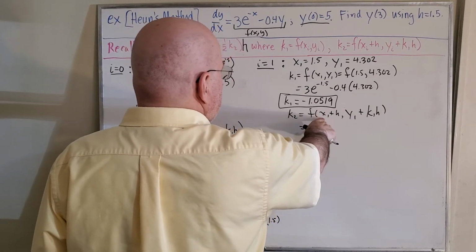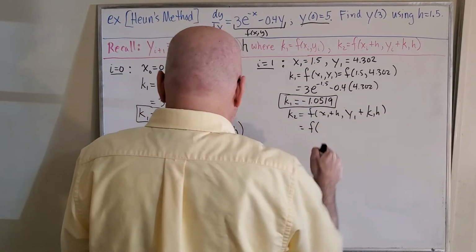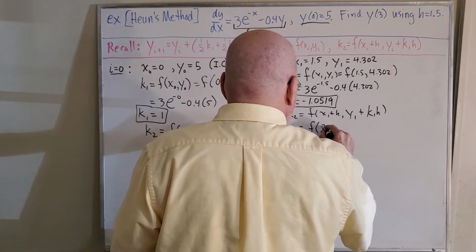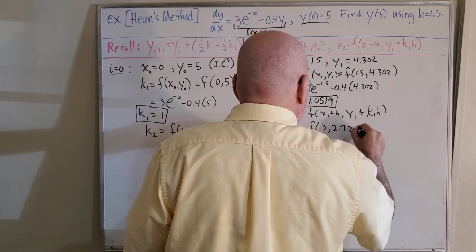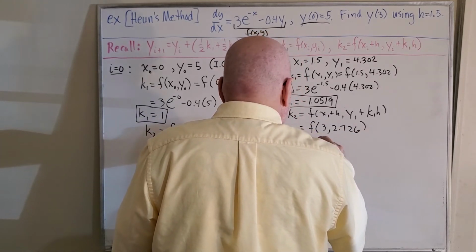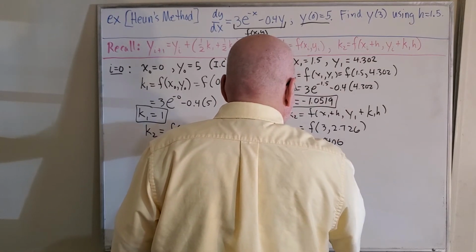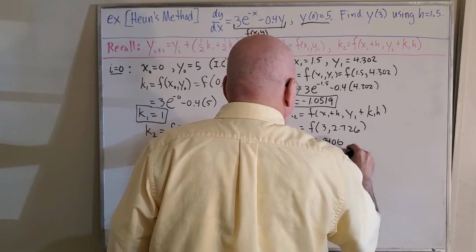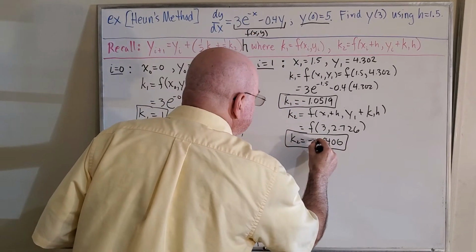We would just take x1 is this number, h is 1.5. It would give us f of 3, comma 2.726, which is negative 0.9406. That's k2. Negative 0.9406.